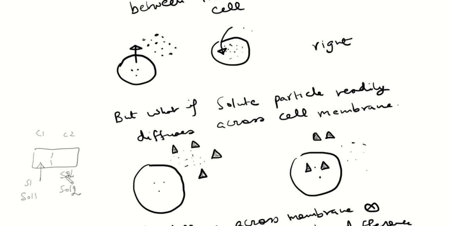The solute, which is S, moves from where it's more to where it's less. If S2 is more, it's going to move from here to here. If a semi-permeable cell membrane is there and the solute can pass through it without any issue, it's like the cell membrane is not there. The membrane doesn't really block this particular solute, so it's going to go from where it's more to where it's less until it equalizes on either side. That's diffusion.